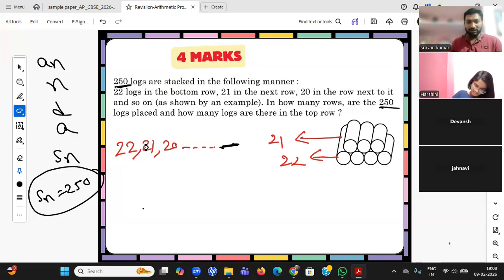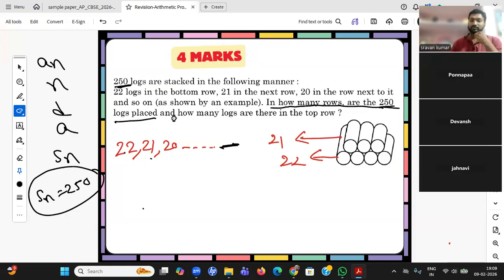Okay, so 22 logs in the bottom row, 21 in the next row, and it goes on, I'm just putting dot dot dot. In how many rows are the 250 logs placed and how many logs are placed? Now he's asking, yes Ponnappa, in how many rows are the 250 logs placed? What is he asking? This black color underline. So we have to put AN as 250.